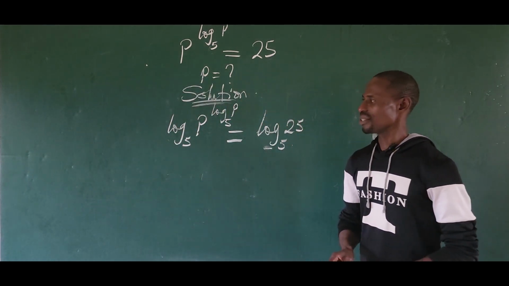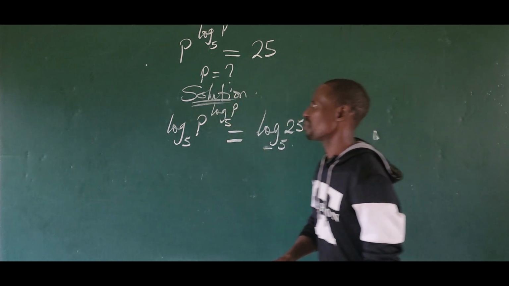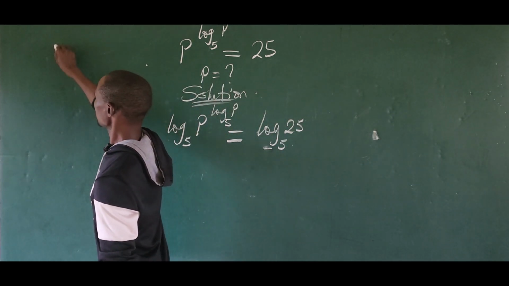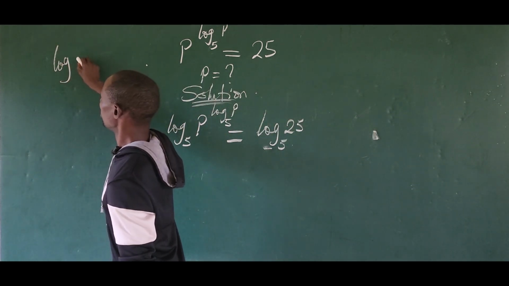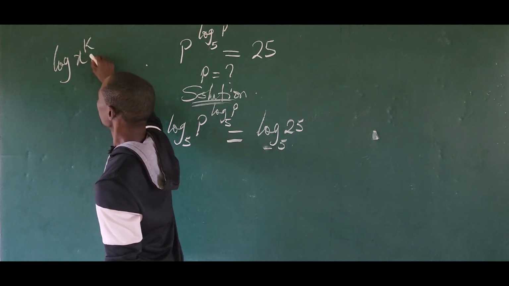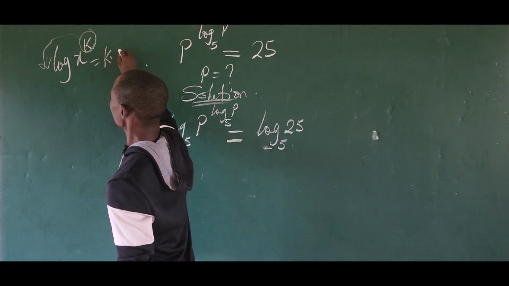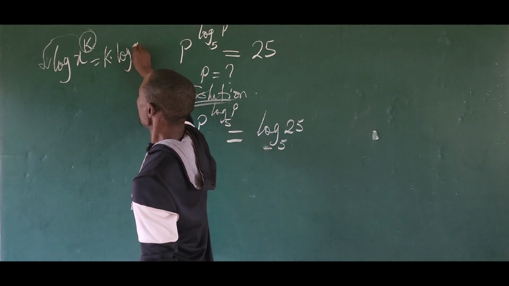Right. So with this, the whole of this is a power. Good. We remember the law of logarithm, which says that if you have log of x to the power of, let's say, k, move this to this side. This is going to give us k times log x.